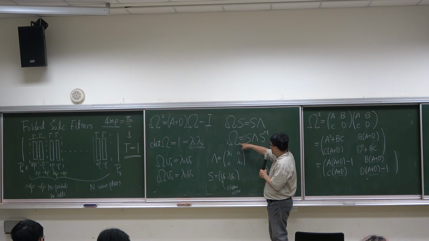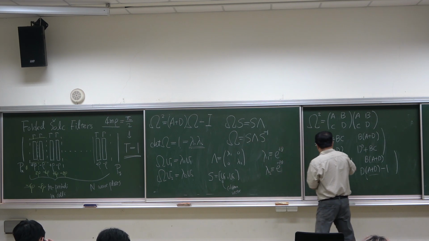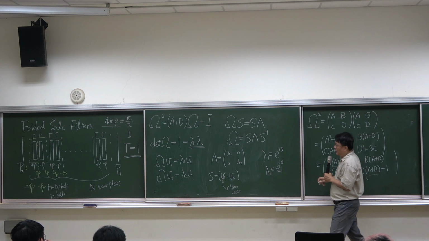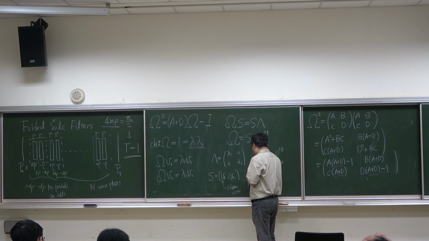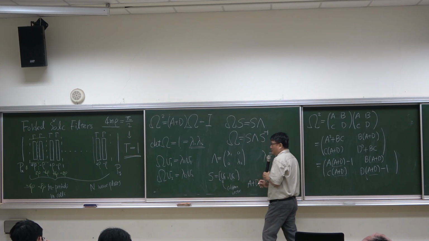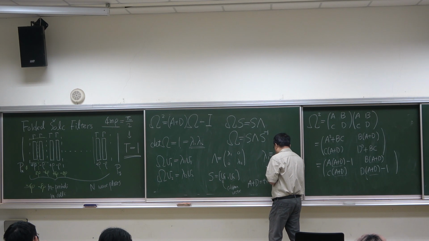So what is A plus D? A plus D is in fact the trace of omega.